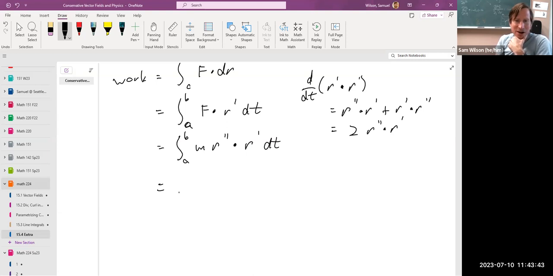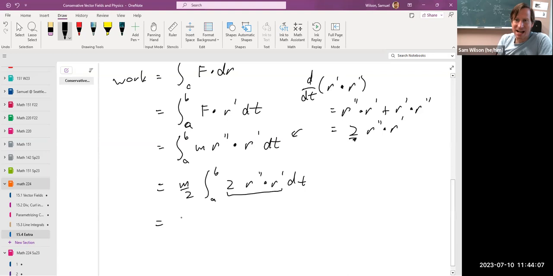If we move this m outside, and we need a 2, then to get a 2 we also have to divide by 2. So let's divide by 2 there and multiply by 2 here, r double prime dot r prime. Other than shuffling the constants around, this is the same thing as the previous line. But now this thing that we're integrating is actually just the derivative with respect to t of r prime dot r prime.